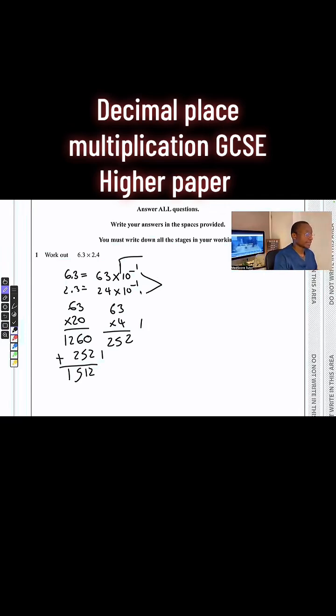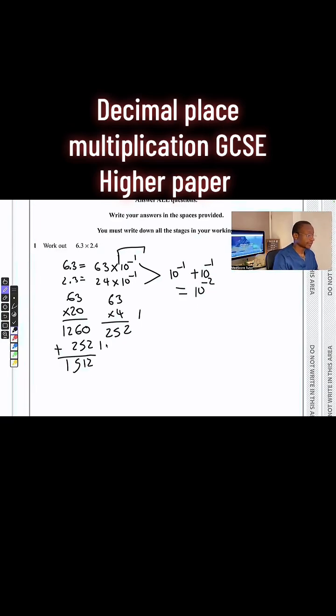Now these ones, I need to add them back. 10 to the power of minus 1 plus 10 to the power of minus 1 is the same as 10 to the power of minus 2, which will leave me with 1512 times 10 to the power of minus 2.